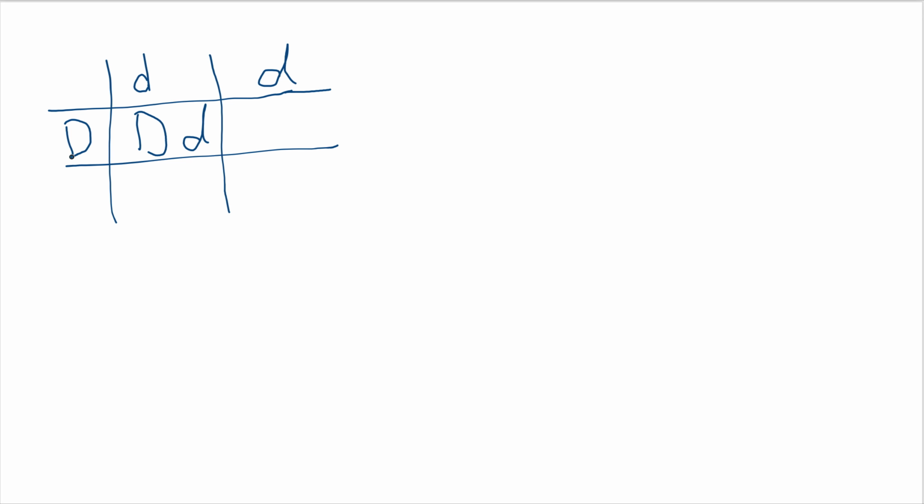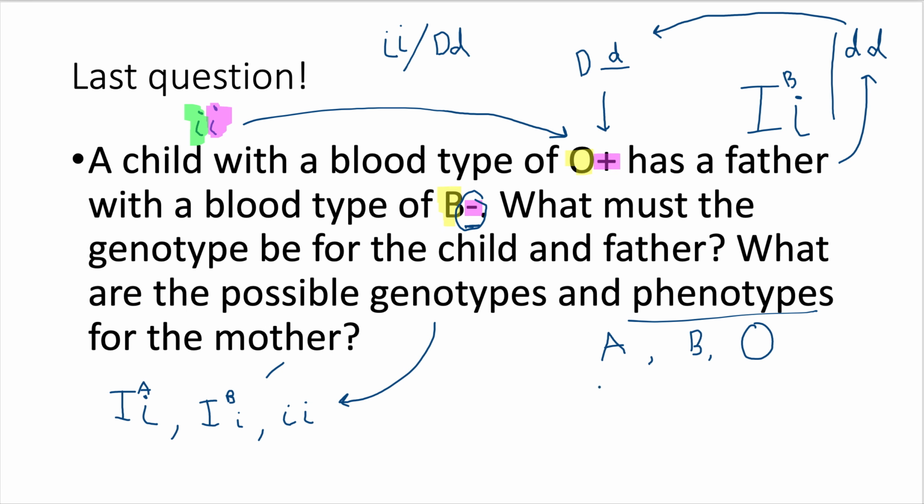So mom has to be at least 1 big D. We don't know about this one. Okay, this one could be a big D or a little d. So mom could have the genotypes big D, little d, or big D, big D. Okay, and then phenotypes would be, she could be either, oh no, these both would be what phenotype? Both would be Rh positive. So mom is going to either be A positive, B positive, or O positive.